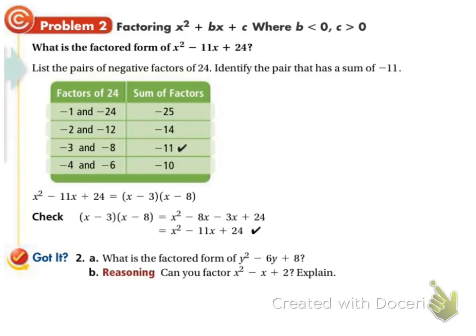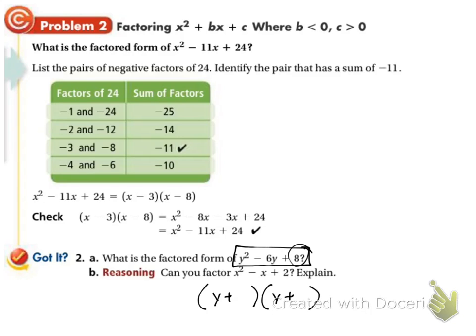Okay, so we're going to look at one that's a little bit different now. If you look at our problem right here, you'll see that this middle number is negative. So ignore that for a second. Let's just treat it as we would if it were positive. So our final answer is going to be y plus something, y plus something.